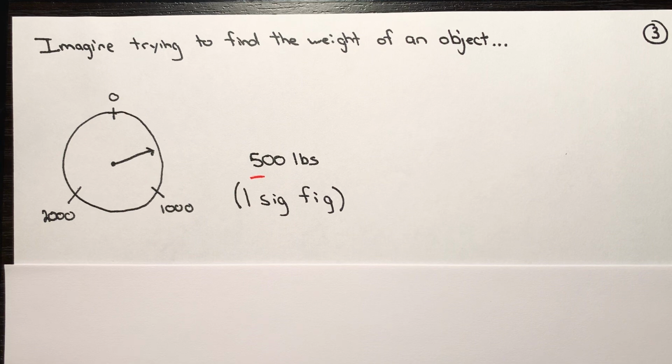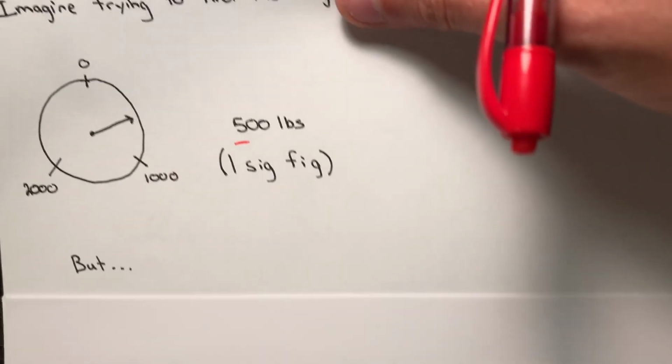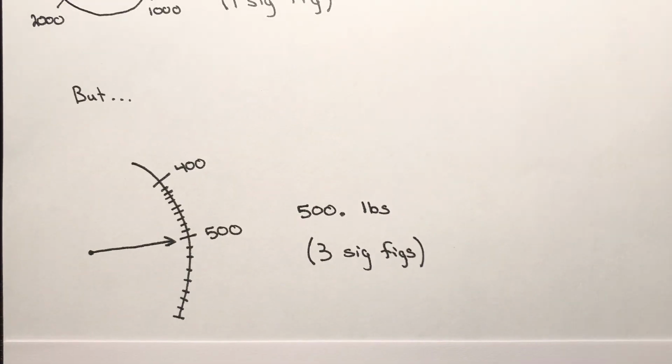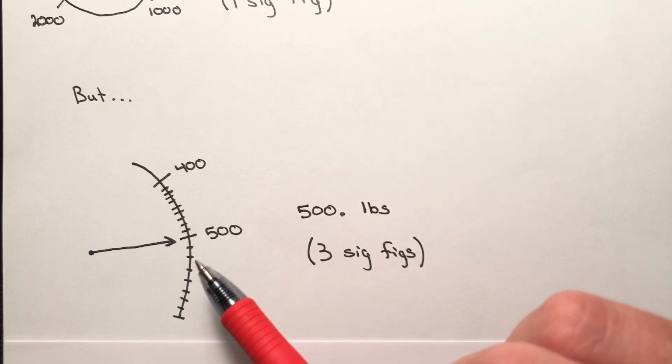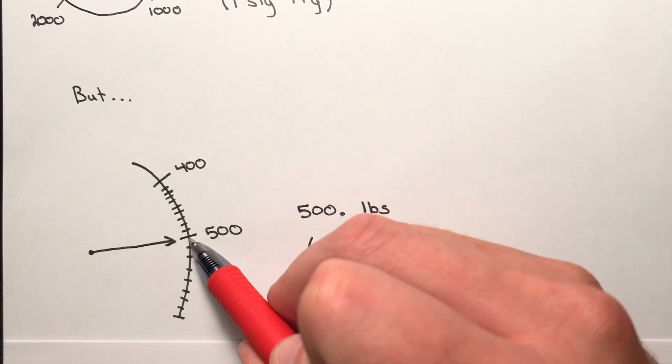But if we're evaluating the exact same object, and all of a sudden we have a different scale or a different balance, because we are now given tens places, we can estimate to the ones. With that in mind, this is pretty much right at 500.